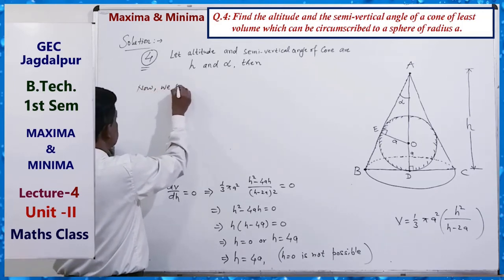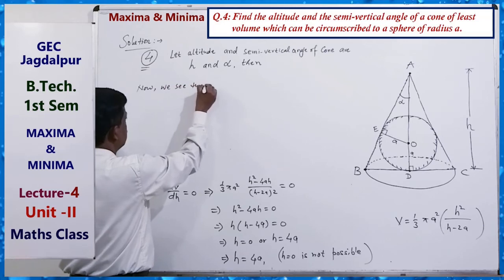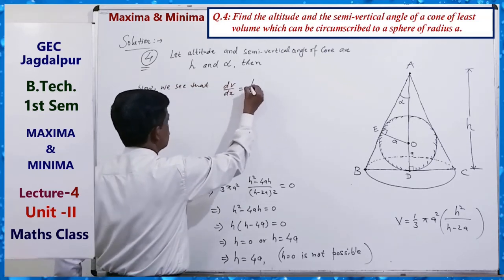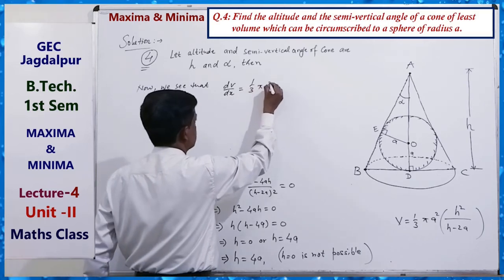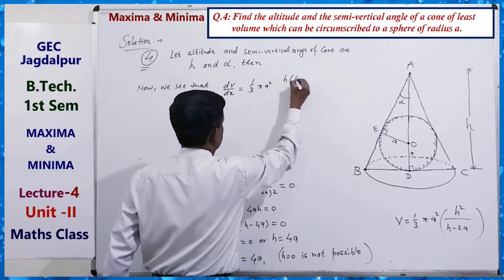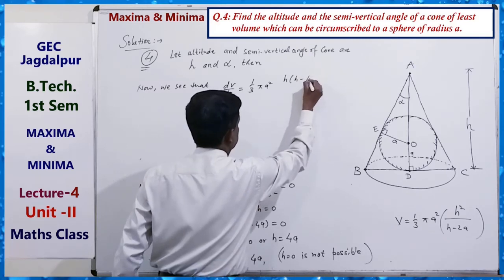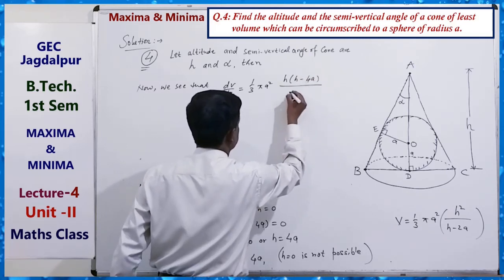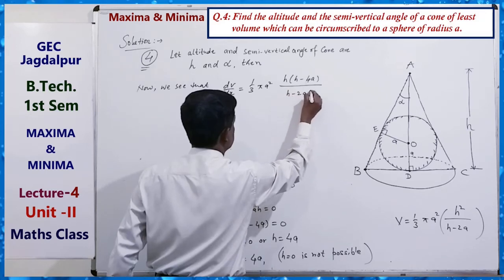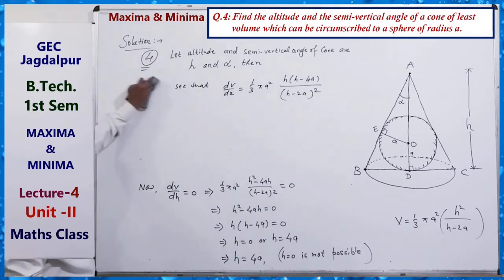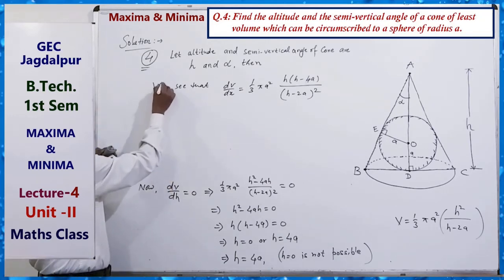We see that dv by dh is equal to 1 by 3 pi a square, h minus 4a, h minus 4a upon h minus 2a square. Just you can write like this.